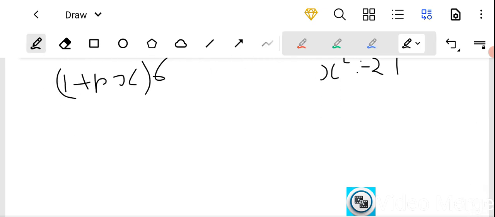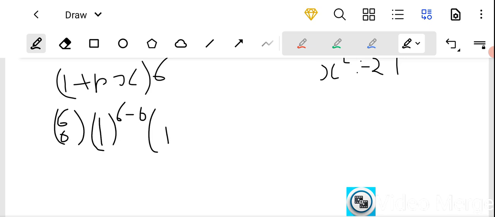Then 6 combination of 0. And then 1 to the power 6. Okay, I'll just write out everything. 1 to the power 6 minus 0, then px to the power 0. Usually I don't need to write this one, but we'll just write it.